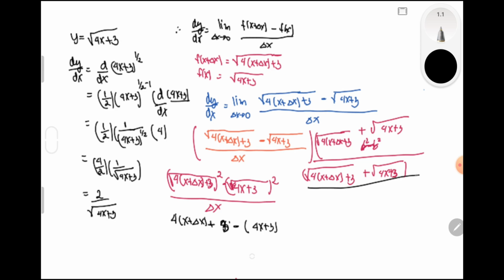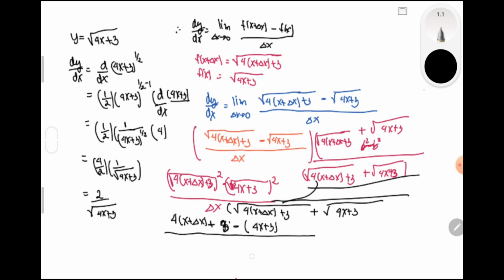We should also carry this down to the denominator, which is the square root of 4 multiplied by (x plus delta x) plus 3, plus the square root of 4x plus 3.